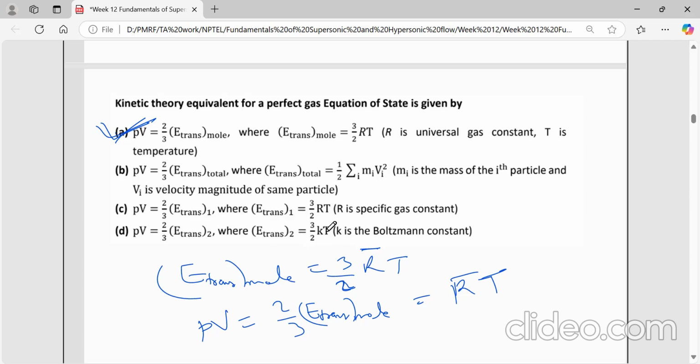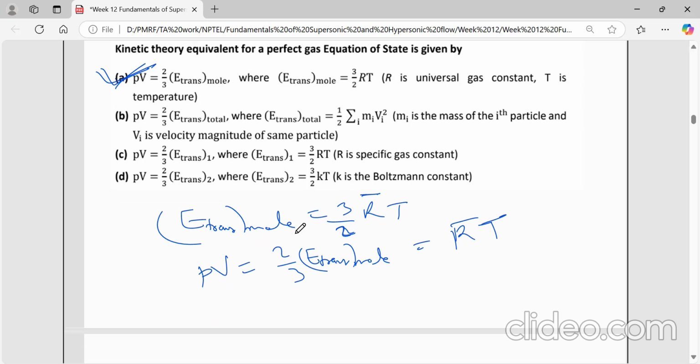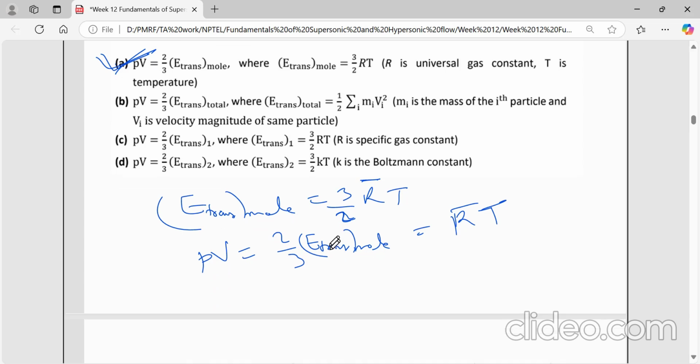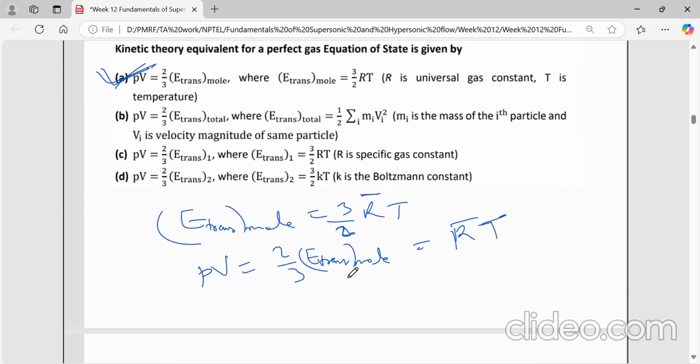Option B says PV equal to 2 by 3 E translational total. Now if we see the E translational total, translation energy will be the sum of total kinetic energy of the particles. So this part was already correct.